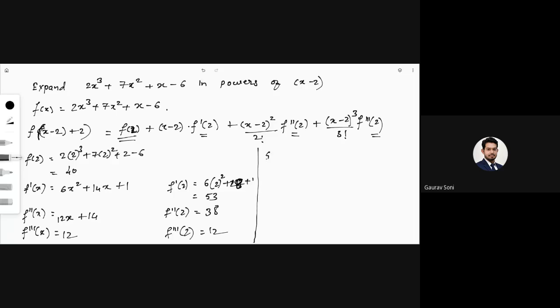So expansion in powers of x minus 2 is f of x is equal to 40 plus 53 into x minus 2 plus 38 by 2, which is 19, x minus 2 square plus 12 by 6, 2.